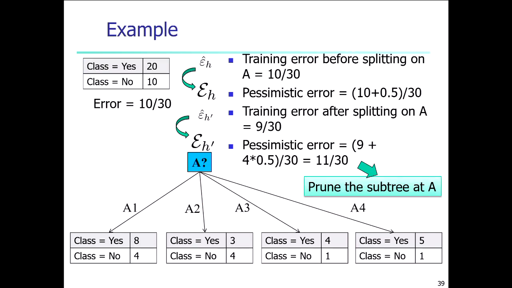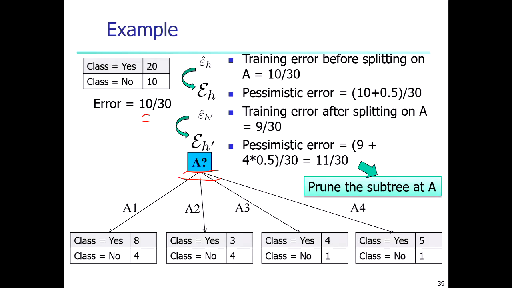For example, here, we want to decide if we should do the splitting on A or not. So if we do not do the splitting on A, there are 20 yes and 10 no, so the class label would be yes, which means there are 10 errors.